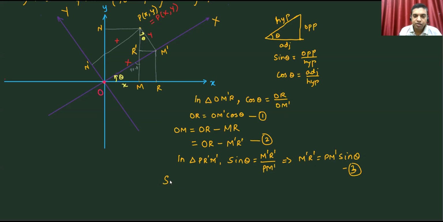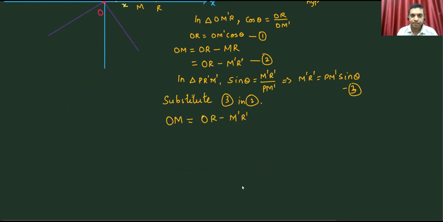So substitute 3 in 2. What you get is OM is equal to OR minus M dash R dash, which is equal to OM dash cos theta from 1 minus PM dash sine theta.